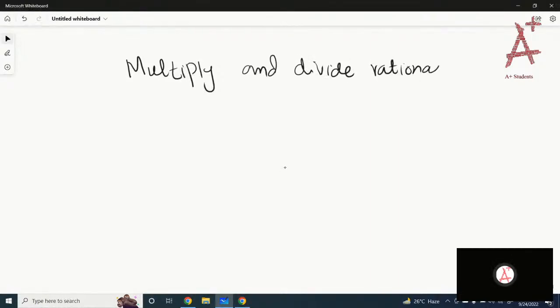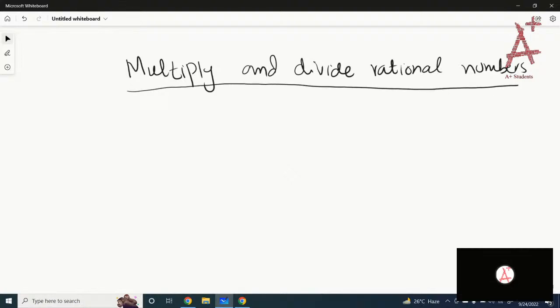Let's start with examples. Make sure you have your notebook and pencil so that you can note down the examples or the important definitions. Got it? Okay, let's start with the first one.